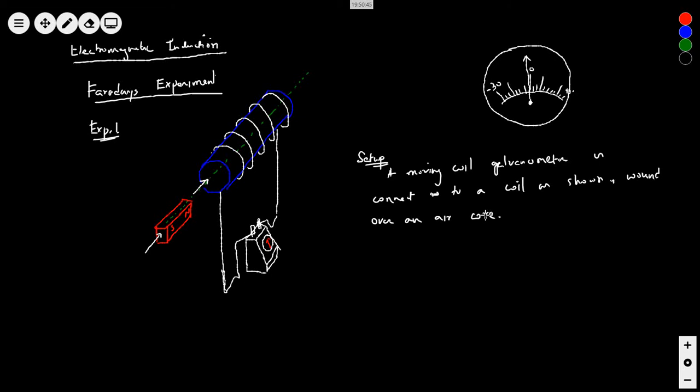You can see the core. A bar magnet can move in and out of the coil.